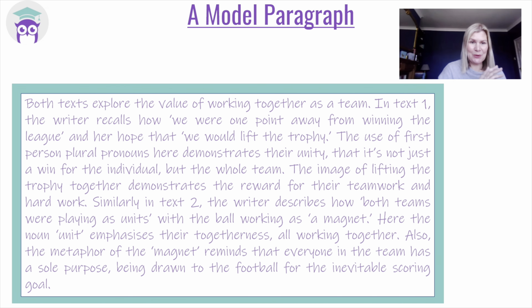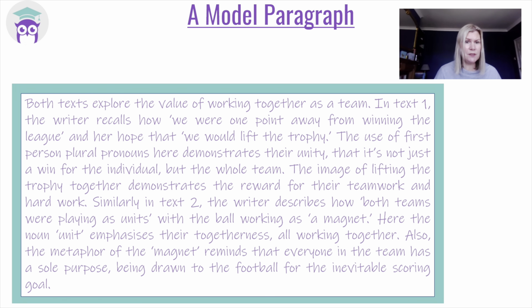Okay, so I'm going to read it all through for you, and then I'll just very quickly go through that paragraph structure. So, both texts explore the value of working together as a team. In text 1, the writer recalls how we were 1 point away from winning the league and I hoped that we would lift the trophy. The use of first-person plural pronouns here demonstrates their unity, that it's not just a win for the individual, but the whole team.